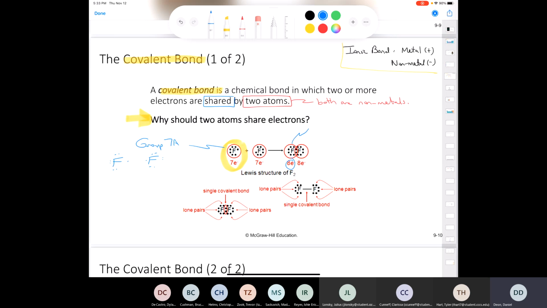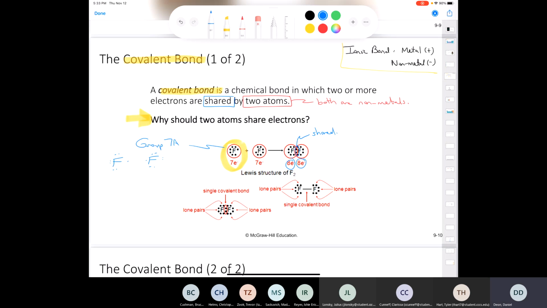There's 8 electrons in the circle for the fluorine on the left, and there's 8 electrons here. The 2 electrons in the middle, these are being shared. So it's as if they're both partaking of those electrons. So now it's as if both of them are isoelectronic with a noble gas by sharing those electrons.